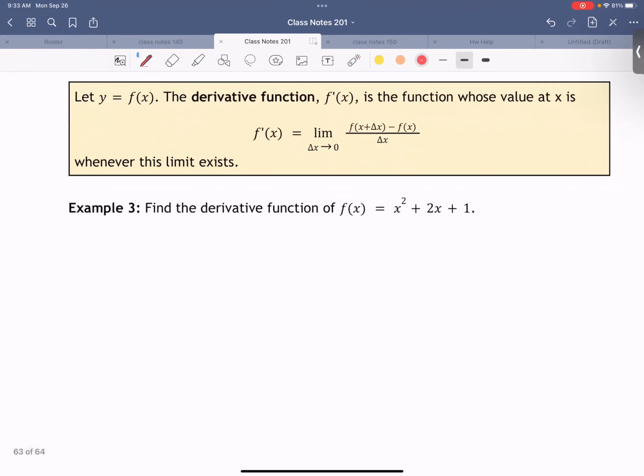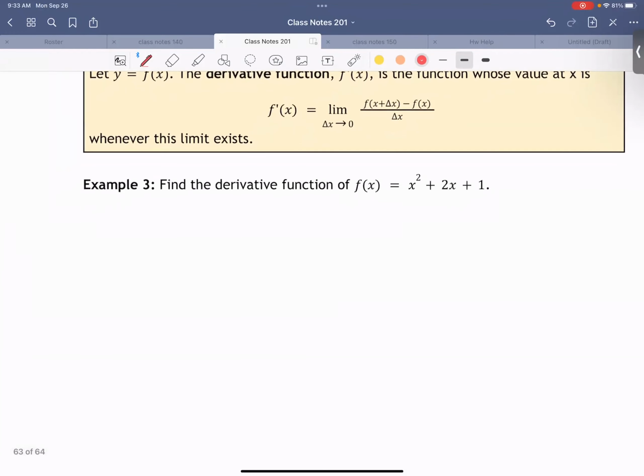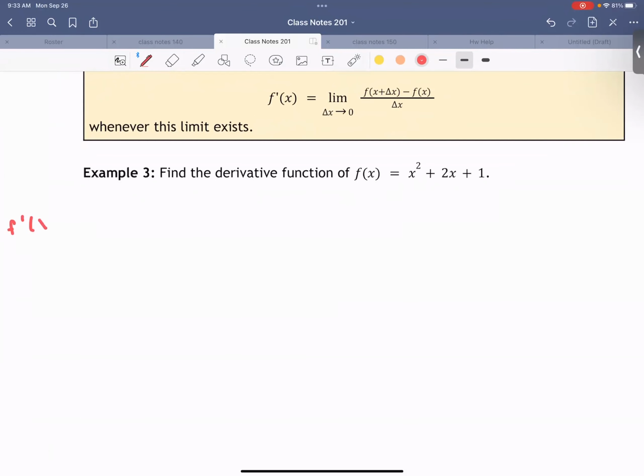Here we have f of x, which is x squared plus 2x plus 1. We want to find the derivative of this function at x. So let's just write out this function. We have f prime of x. We know its definition is the limit as delta x goes to 0 of f of x plus delta x minus f of x over delta x.